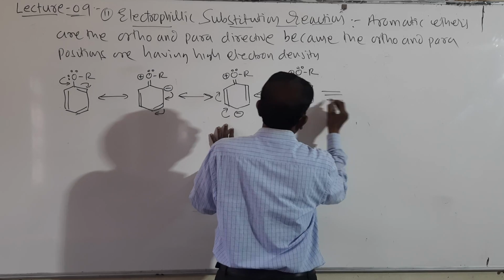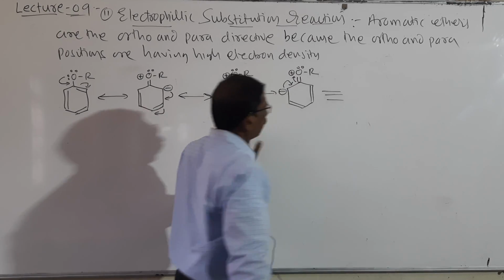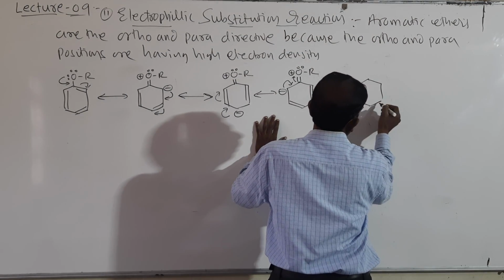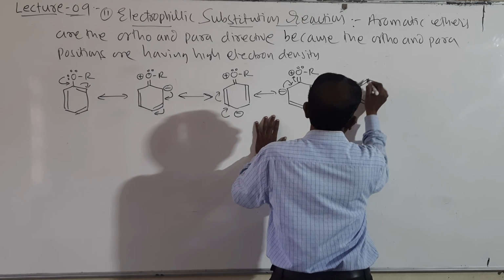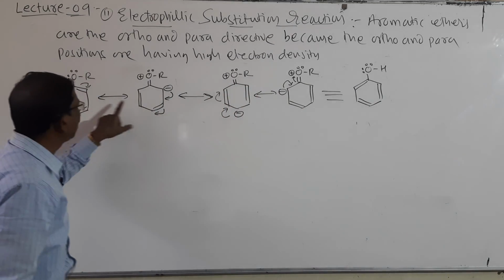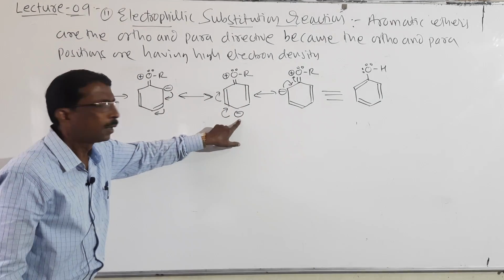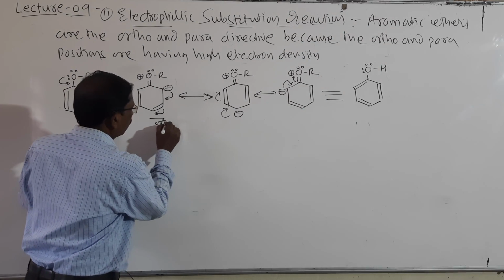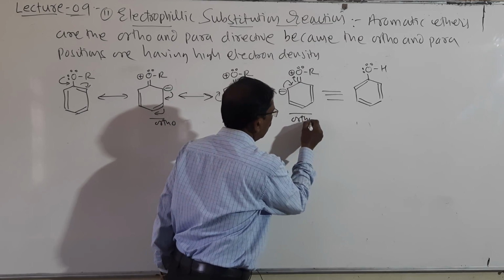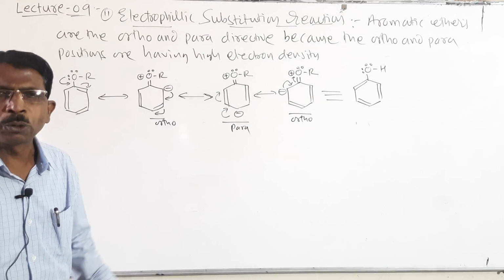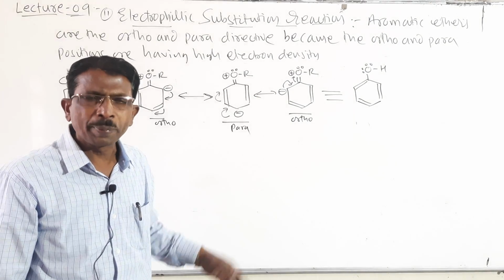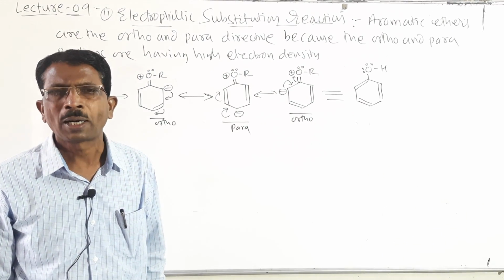Then finally, that is the final structure, you may write it or leave it. Look here, it is the resonance, and here this is ortho, here ortho, and here para position, and again ortho. The electron density is more. Due to this reason, these aromatic ethers, or the alkoxy group of these aromatic compounds, give ortho and para products.